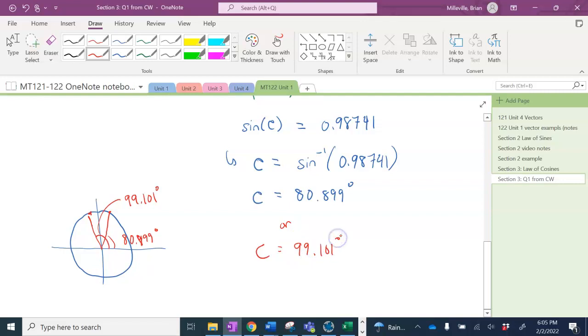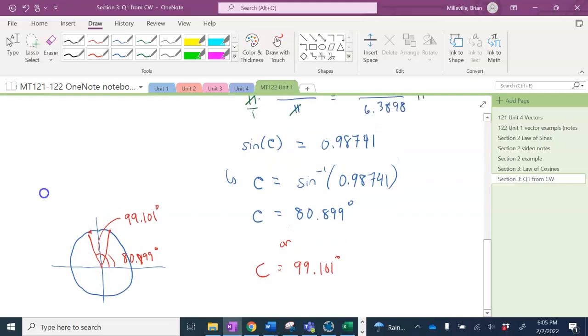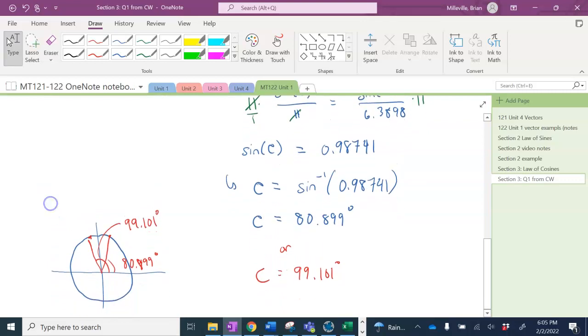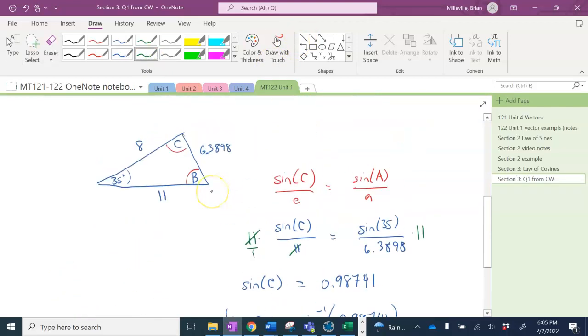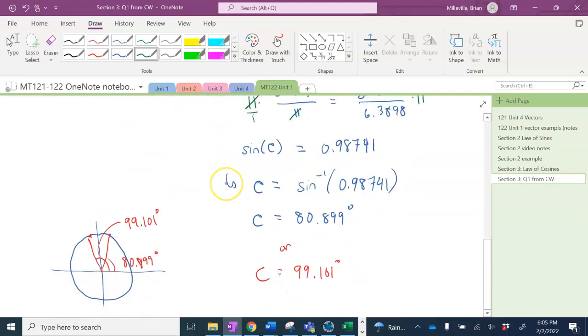All right, now before we go too much further, let's write down what our possibilities would be, and I'm going to write those in green for the remaining angle in our triangle. Remember, we had angle A was 35. I chose to find C first, okay, using the law of sines, and that led us to these two possibilities.